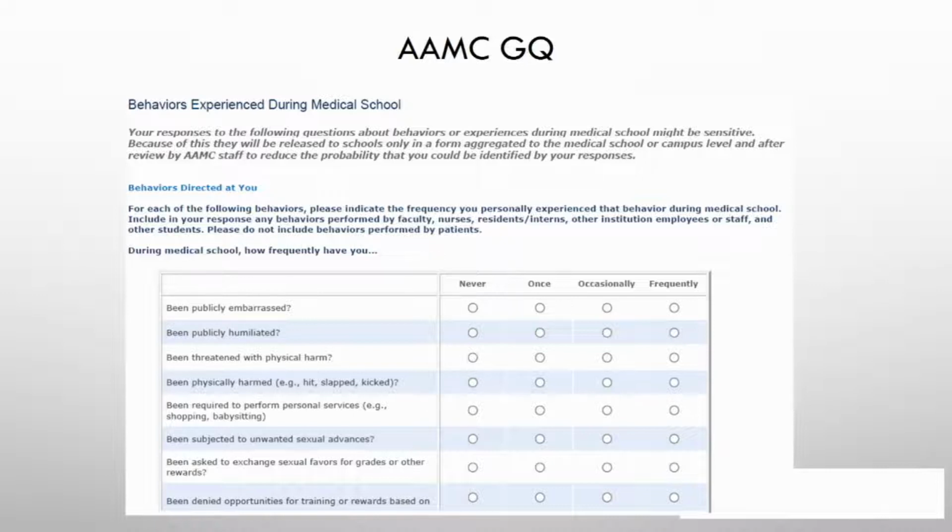And I think students use this as an opportunity. So when students are filling this out, you don't want them to use your one specific example from your clerkship as the reason why they say they are occasionally publicly humiliated.